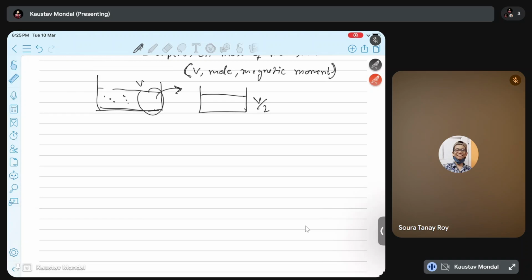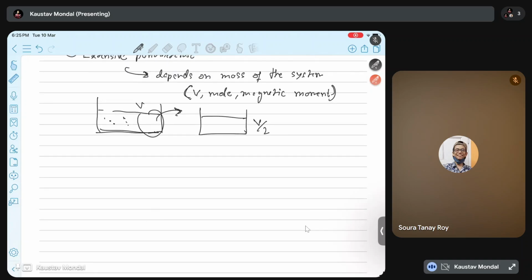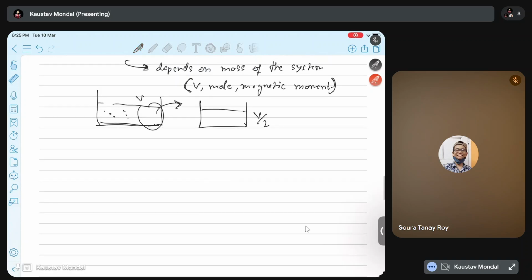Now, thermodynamic equilibrium. This is a very important concept. There are two types of nomenclature you will be facing.